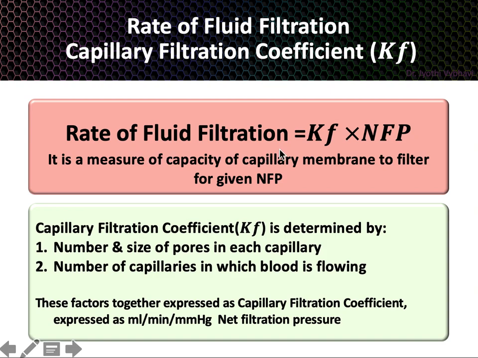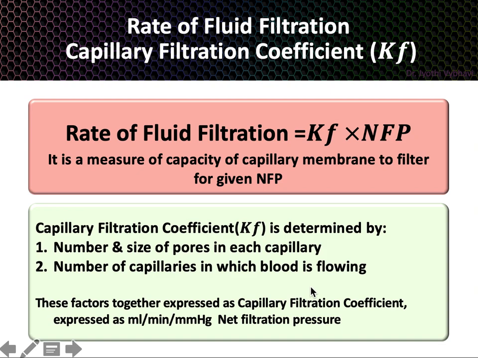We'll understand whether in that particular tissue there is more filtration or less filtration based on this formula. The capillary filtration coefficient is a measure of the capacity of the capillary membrane, how much it can filter. It usually depends on the number and size of the pores and the number of capillaries in which blood is flowing.